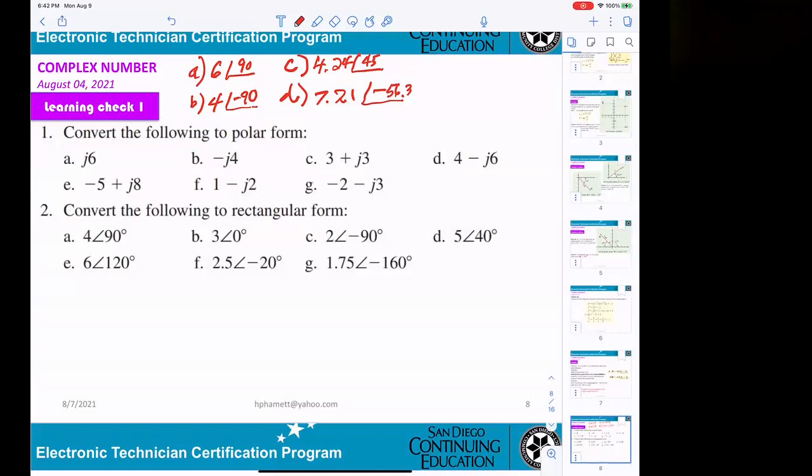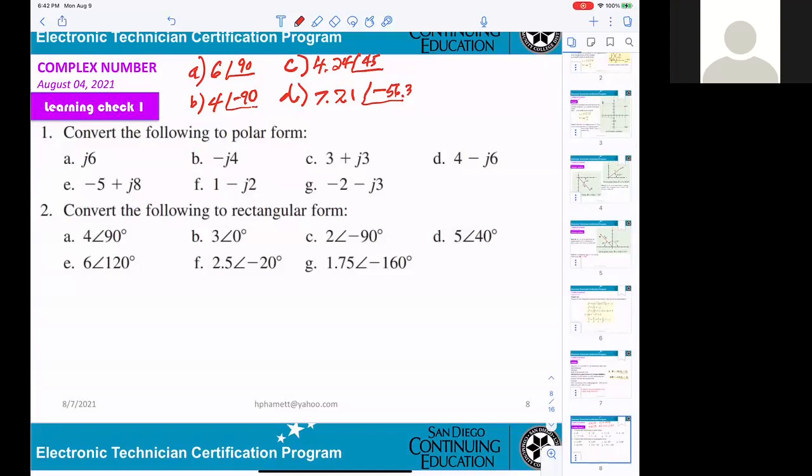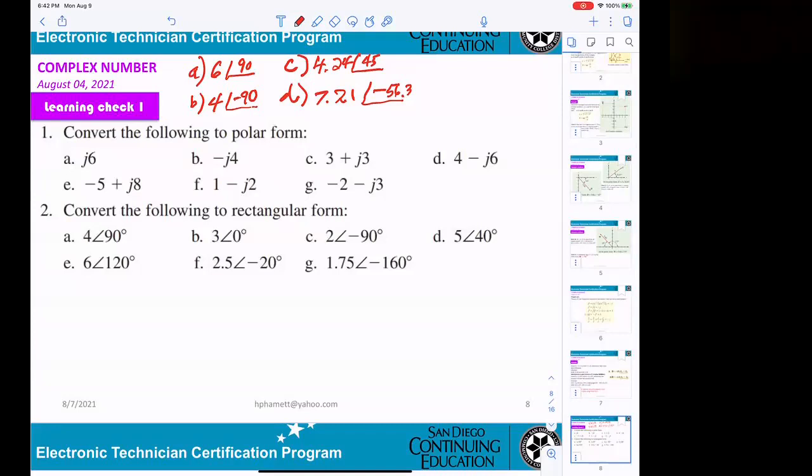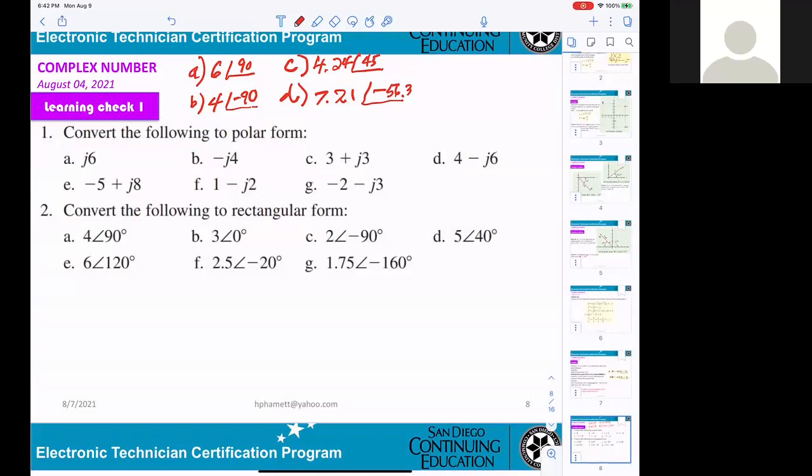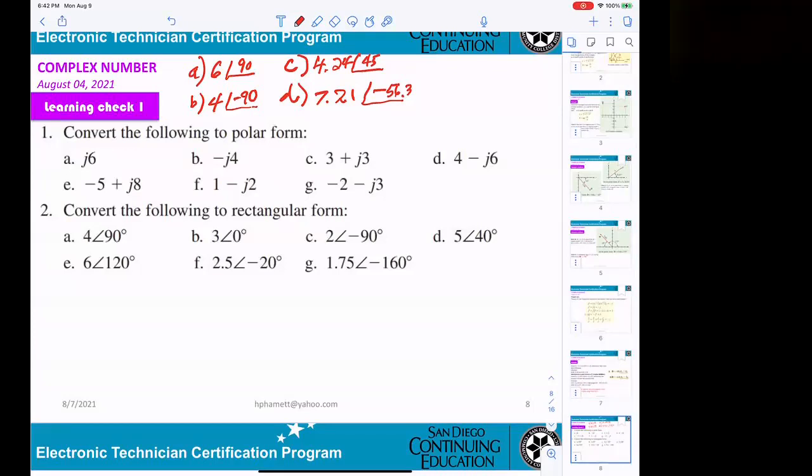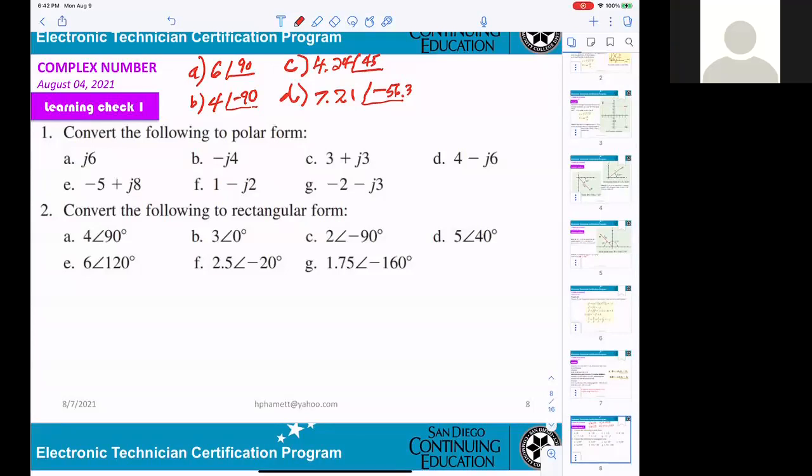Is this letter E? That's D. No, for letter E. I think we're still arguing about D. So I got the original calculation of 33.69, and if you take 90 degrees minus that, you get 56.3.